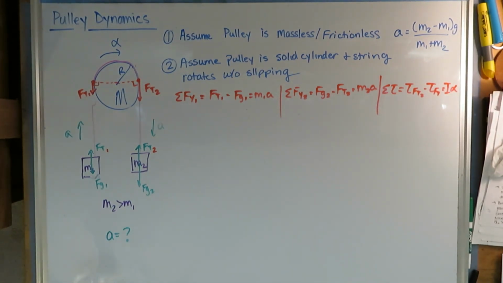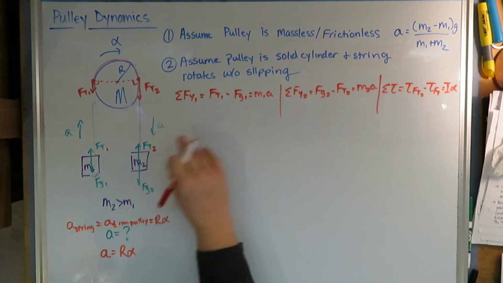And then I can also still remember that I actually do have a fourth equation, that the linear acceleration of the string is equal to the tangential acceleration of the rim of the pulley, which is equal to r times alpha. And since we just used the variable a for that, that's going to tell us that a is equal to r times alpha. So we'll be able to use this additional equation to help get everything in terms of a, which is what I'm looking for.